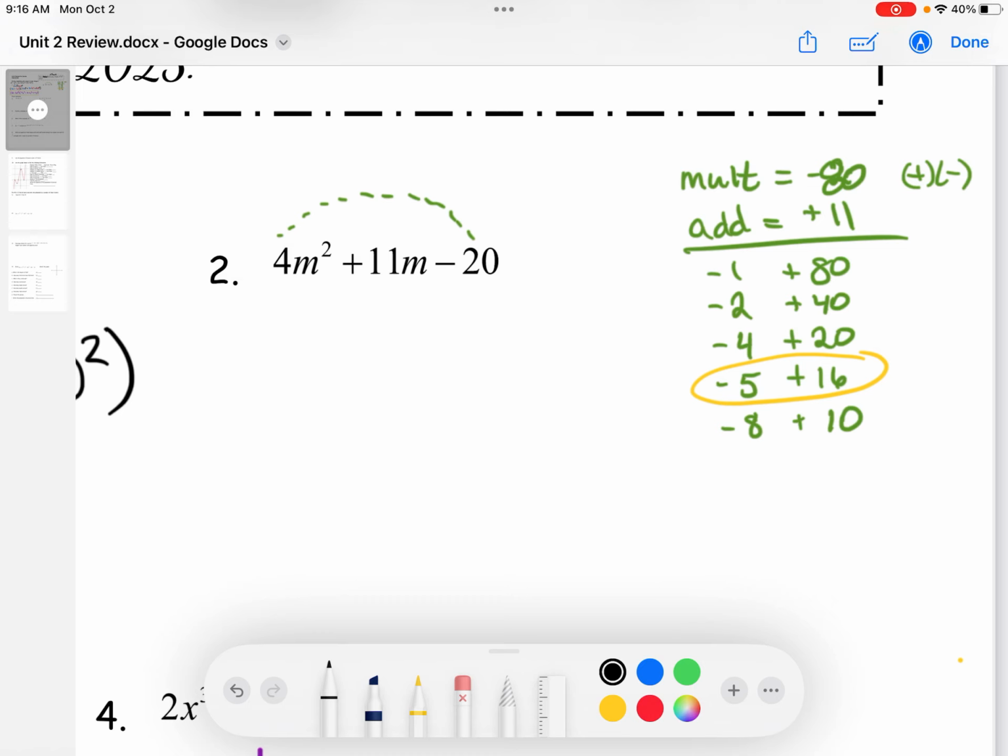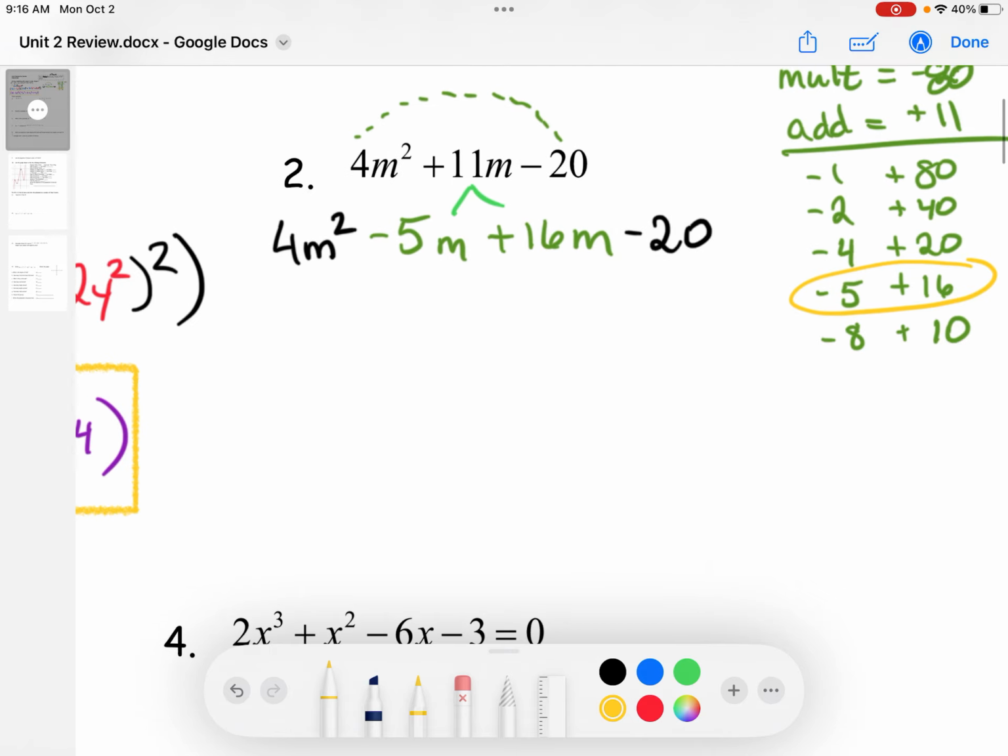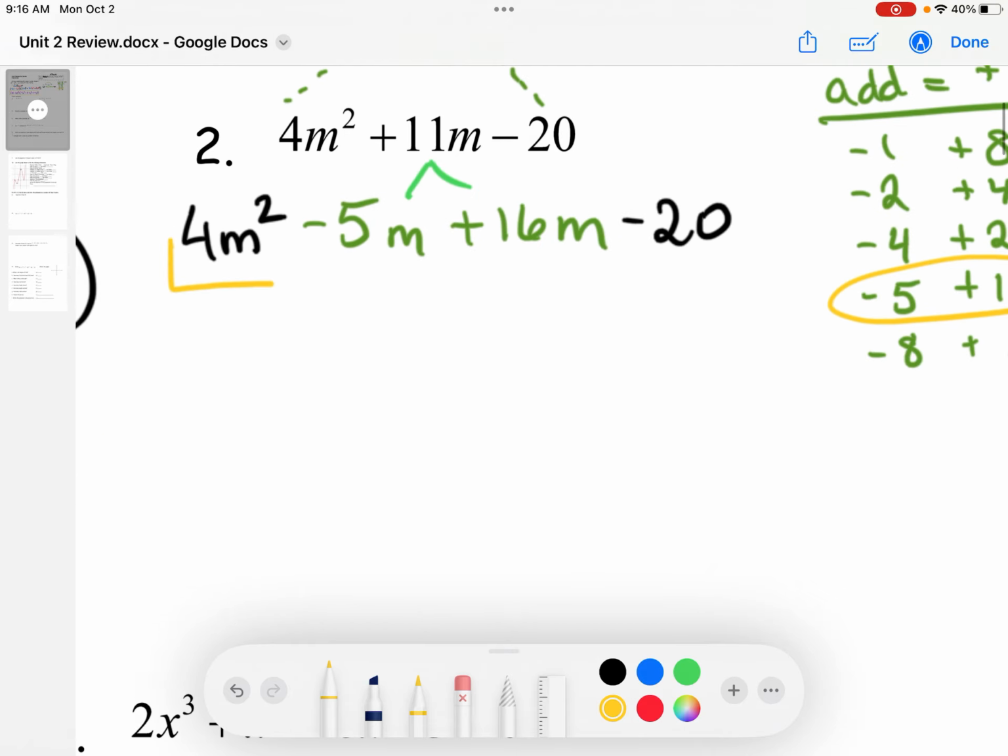So we take the first term, leave it alone, 4m squared. We use the magic numbers we just found with the variable on the middle term, minus 5m plus 16m to split that middle term, minus 20. Now we have 4 terms, and we can factor by grouping.